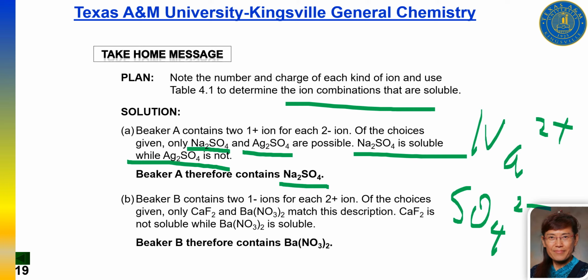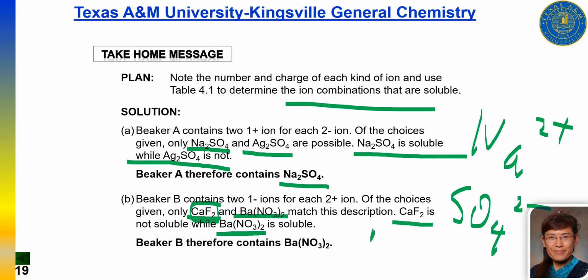And if you have something else, such as calcium fluoride and barium nitrate, you're also going to form ions if the compound is soluble. We already learned that most of the fluorides are not soluble, therefore calcium fluoride is going to stay as itself.